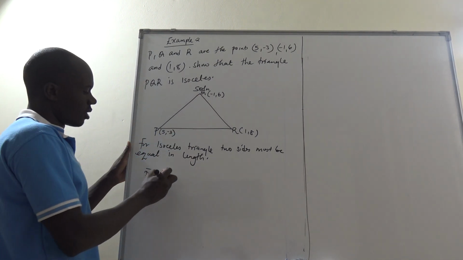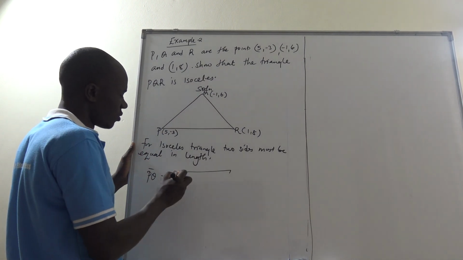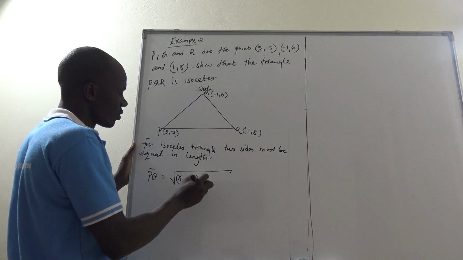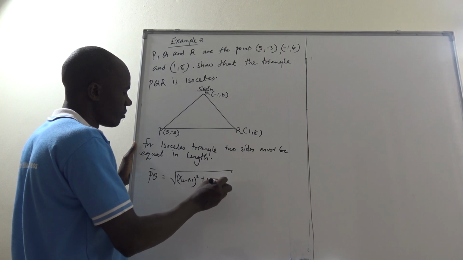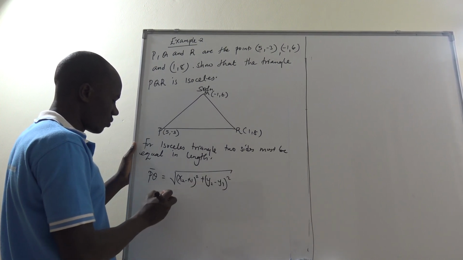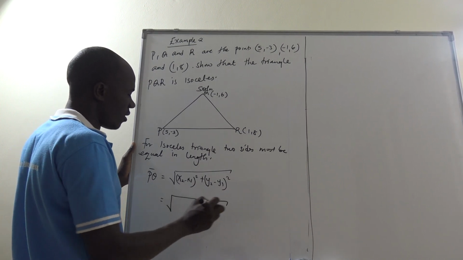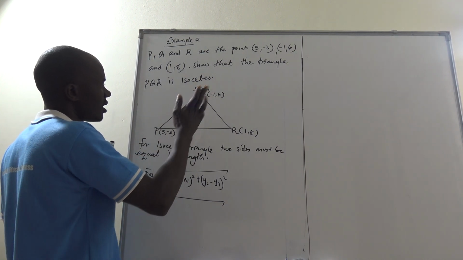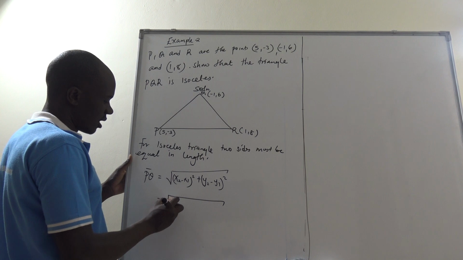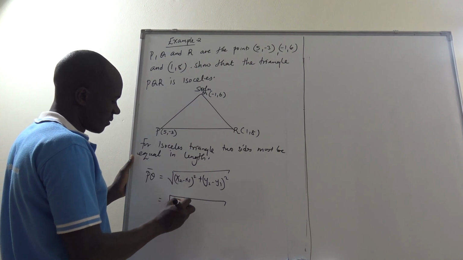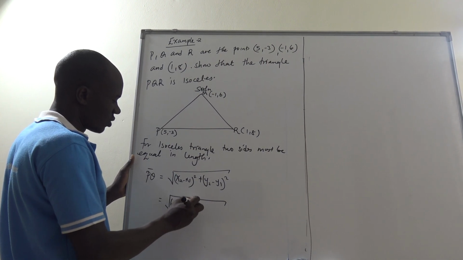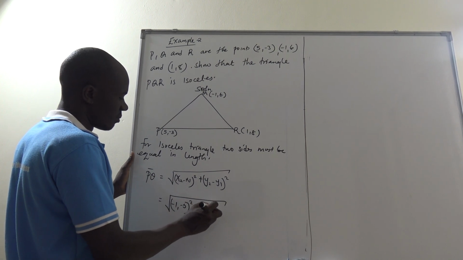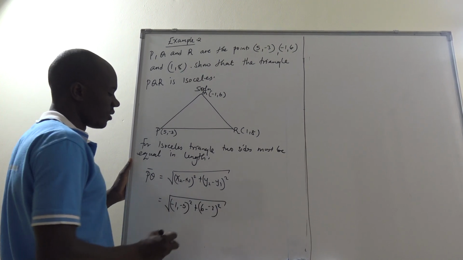First get the length PQ, and we are going to use the formula root of x2 minus x1, the whole of it squared, plus y2 minus y1, the whole of it squared. Do we know x2 according to PQ? I can say -1 minus 5, the whole of it squared, plus 6 minus -3, the whole of it squared.